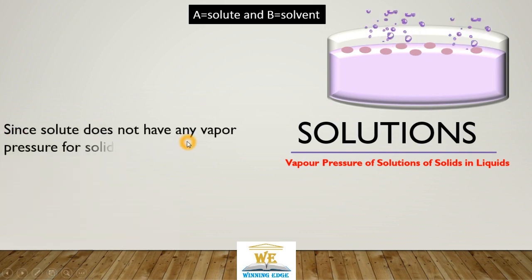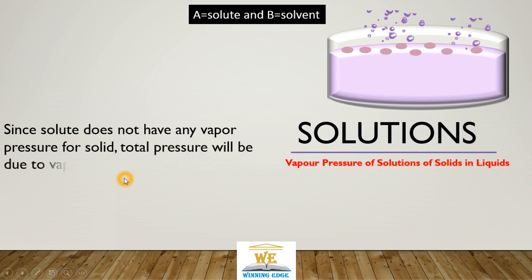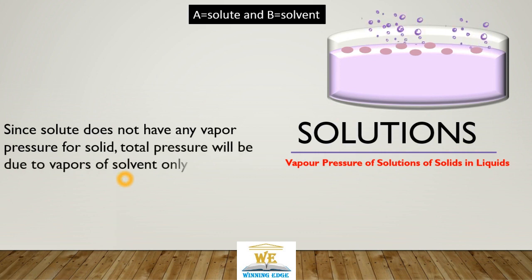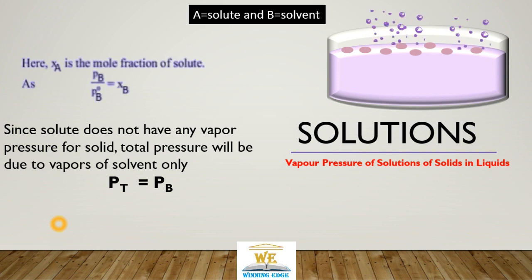Since solute doesn't have any vapor pressure for solids, total vapor pressure will be equal to the vapor pressure of solvent, which is what we saw in the modified Raoult's law, Pb, which is nothing but the partial vapor pressure of solvent.